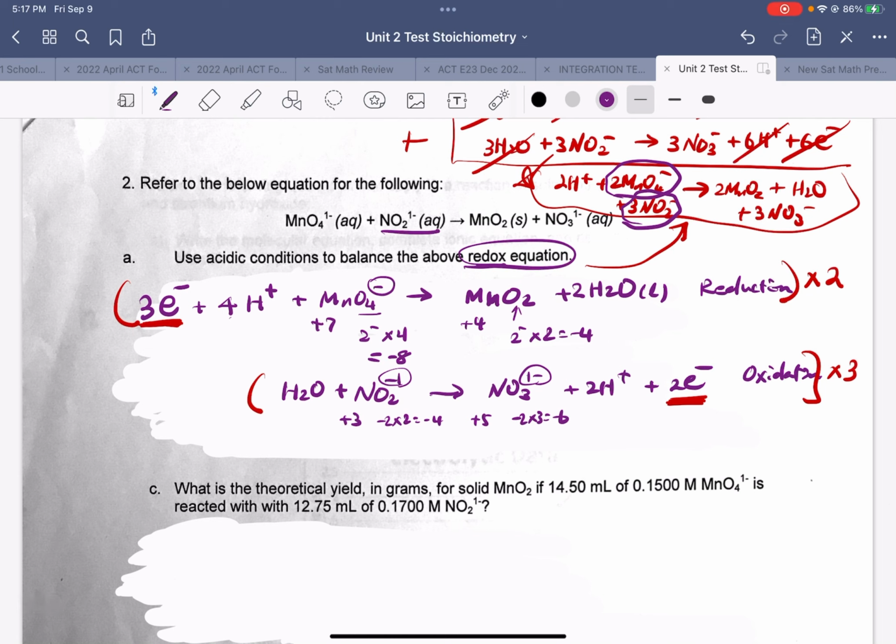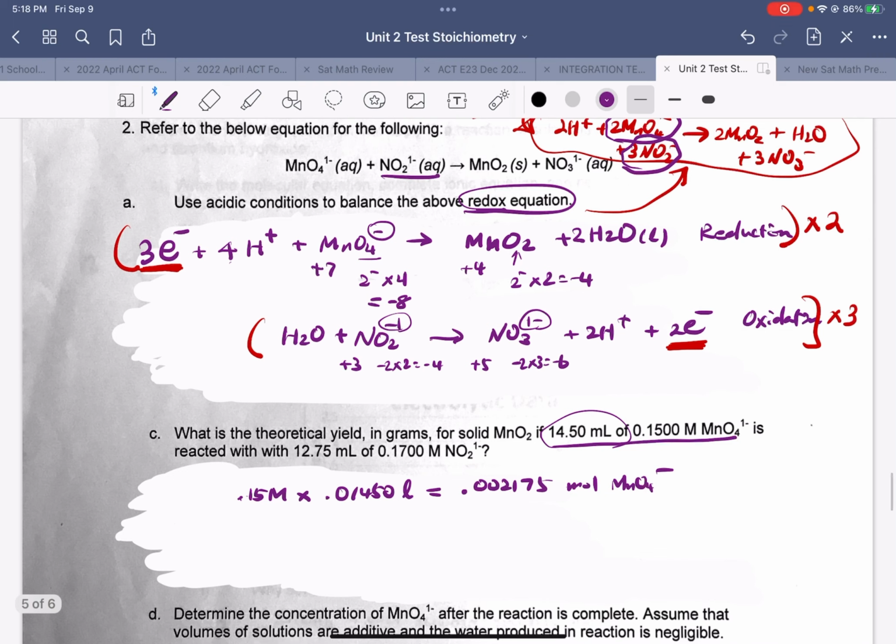Then MnO4- is this: 0.15 molarity times, you divide by 1,000 to change into liters, 0.01450 liter. Then when you multiply, you get 0.002175 mole of MnO4-.